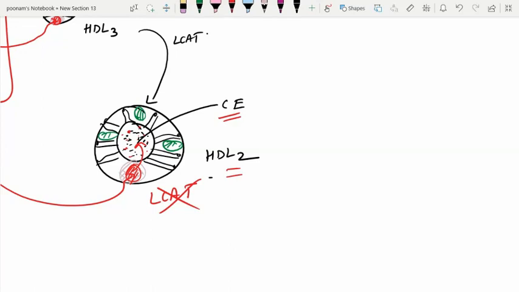At that time the last incoming cholesterol will seal the lacuna, will plug the lacuna, and the shell will be complete in itself.